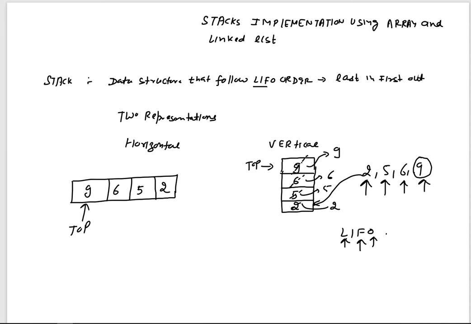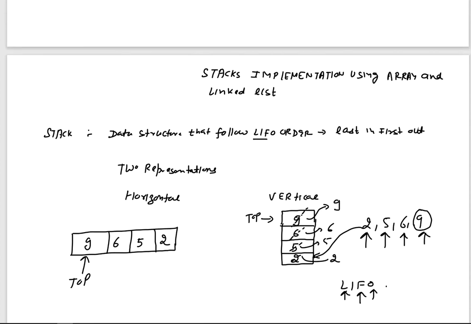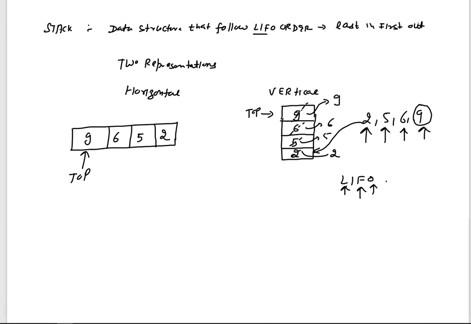Now let's see the kind of operations that we can apply using this data structure, using this stack concept. How are we going to implement this concept? We have two ways to implement the data structure stack. What are the two ways?